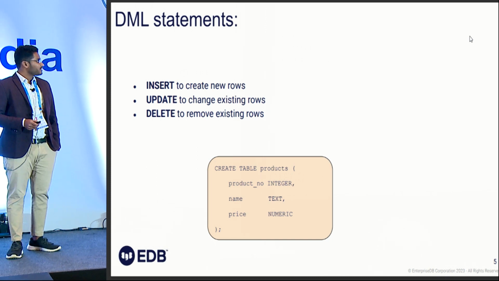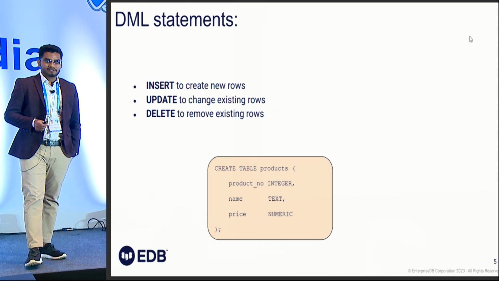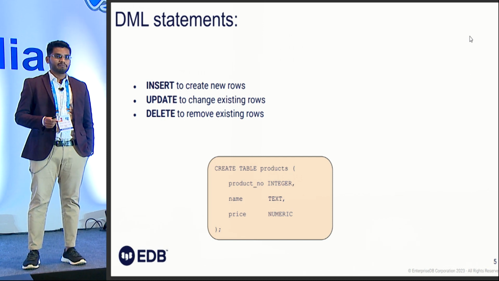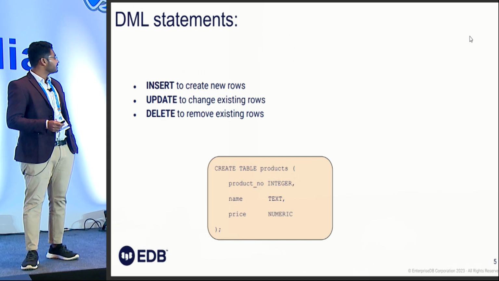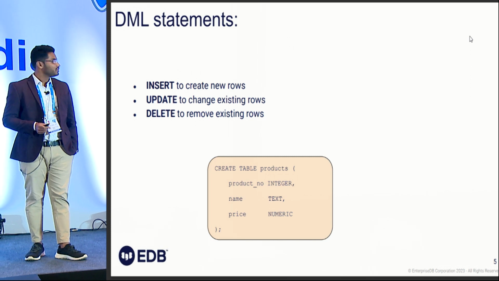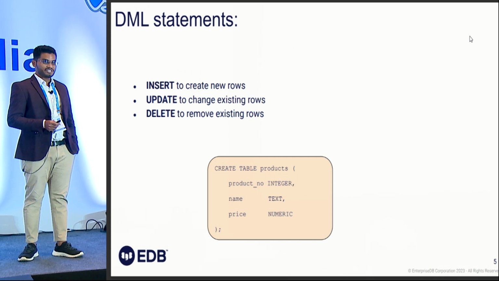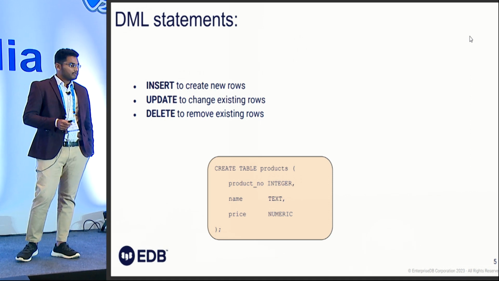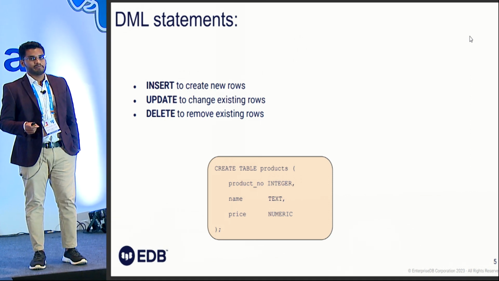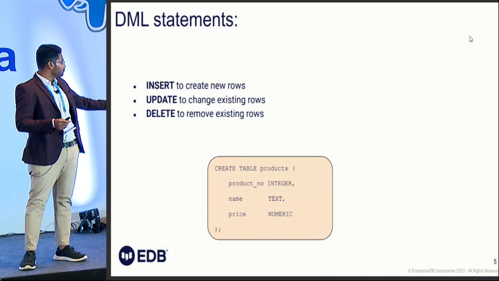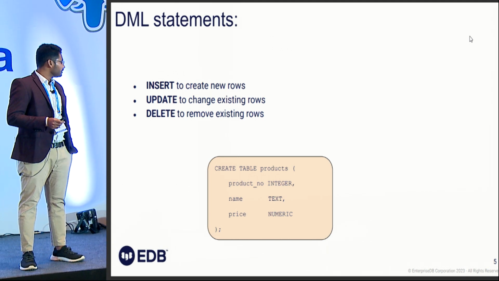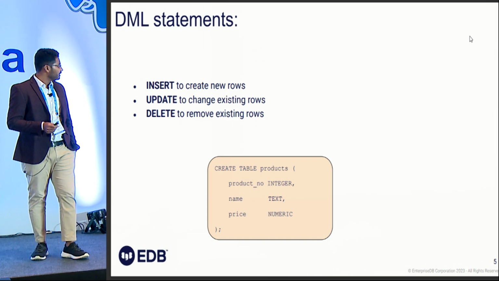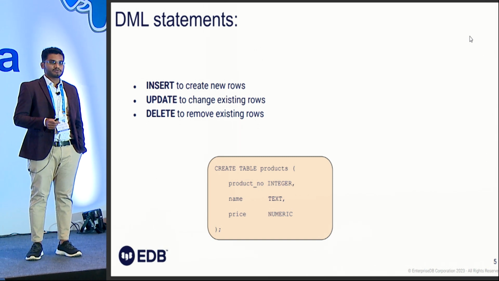In Postgres, these three main statements are considered DML queries. The first one is insert, to create new rows; update can be used to change existing rows; and delete to remove existing rows. For further reference, we will take one table as an example, the product table, and it has 3 columns: product number, name of the product, and price of the product.